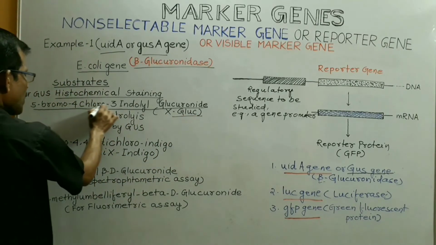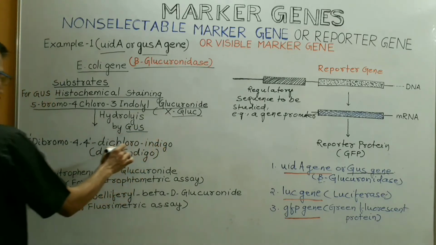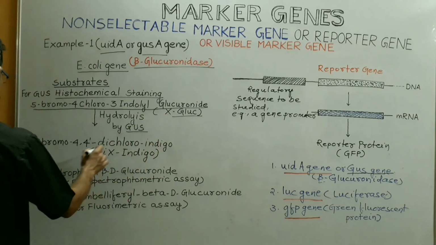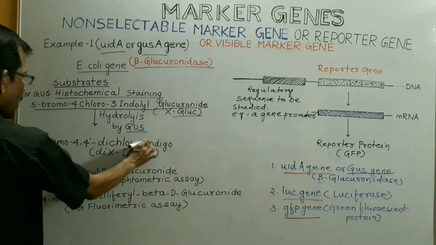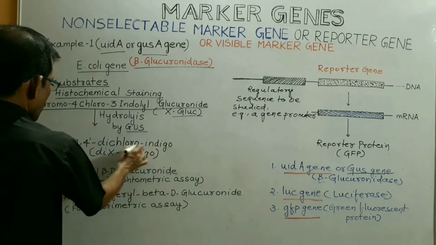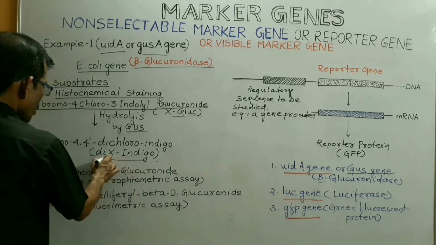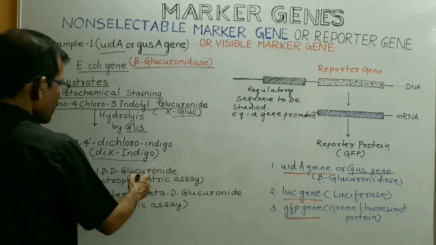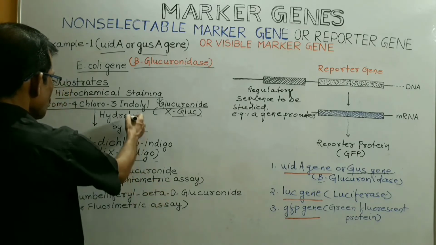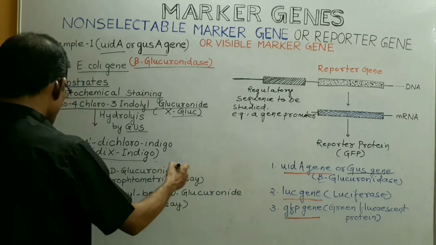The substrate is hydrolyzed by the enzyme beta-glucuronidase to form a product known as 5,5-dibromo-4,4-dichloroindigo, which is blue in color. The development of blue color due to this hydrolysis can be observed under a microscope.